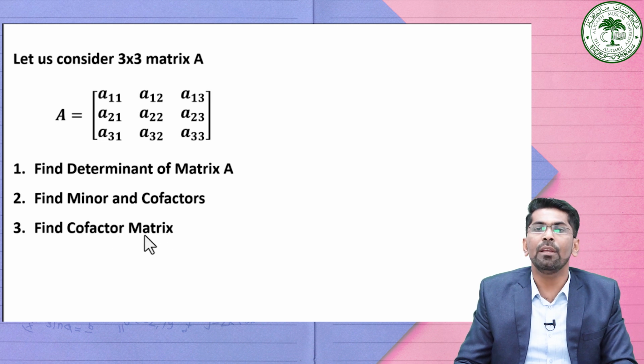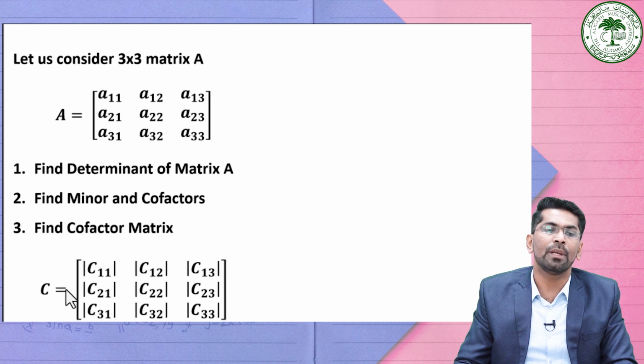We get the cofactor matrix by replacing each and every element of the given matrix A with its cofactor. So the cofactor matrix here is C11, C12, C13, C21, C22, C23, C31, C32 and C33.